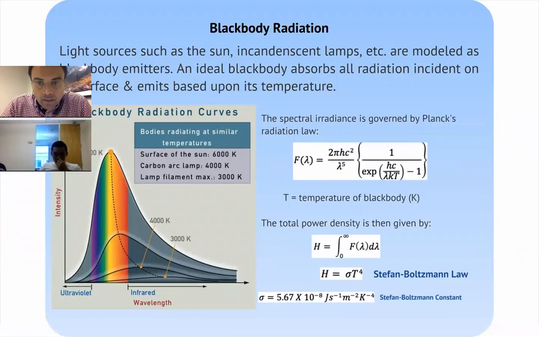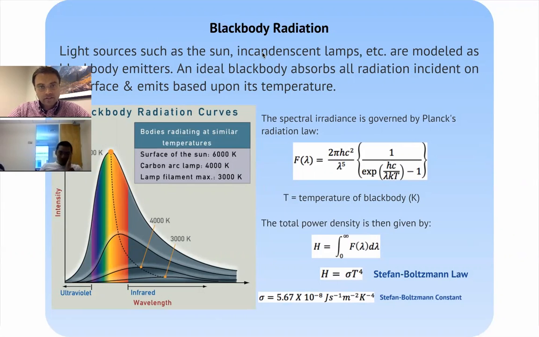Okay. Now that we have some understanding of some of those basic concepts, we need to think about how to describe the distributions or generalize the description of the spectral irradiance distributions. So this is based on an idea called blackbody radiation. Light sources such as the sun, incandescent lamps, and almost all sources can be modeled as blackbody emitters.